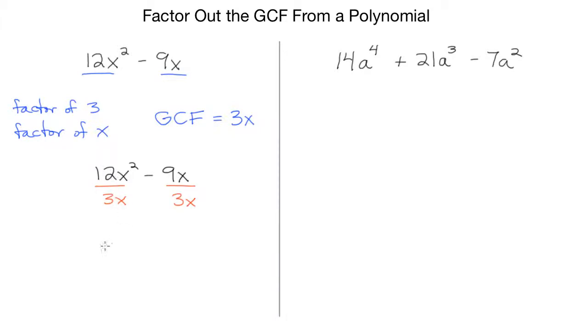So 12 divided by 3 is 4. x squared divided by an x leaves an x. Minus 9 divided by 3 is 3. And x divided by x just leaves 1. So 3 times 1. So that's what I have left.